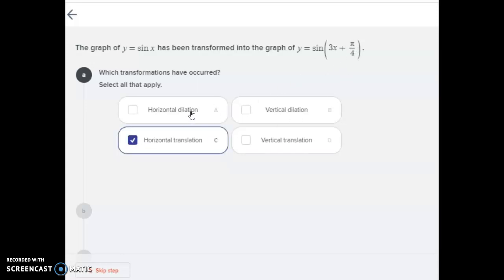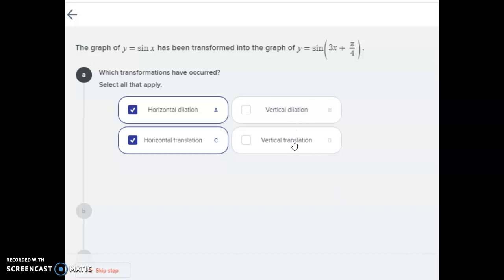And the horizontal dilation has to do with the frequency. If the frequency is 3, then you're compressing the sine wave. If the frequency was less than 1, you're stretching it out. So there is a horizontal dilation going on.